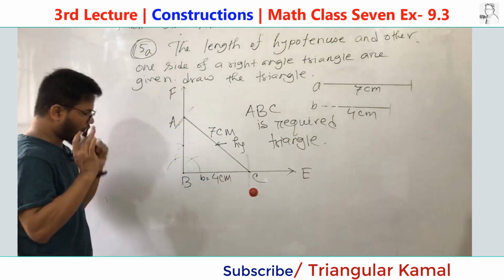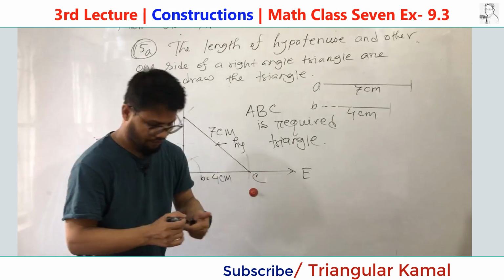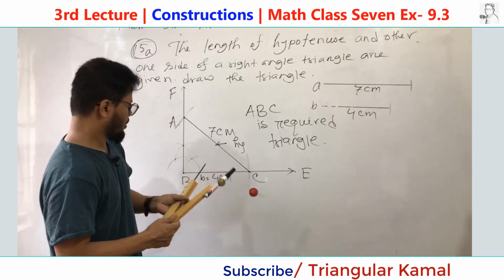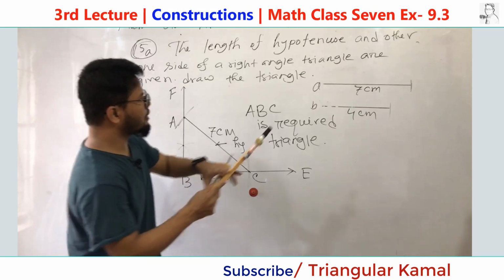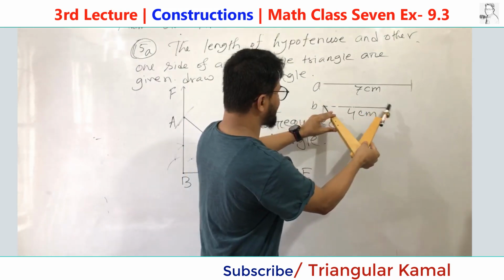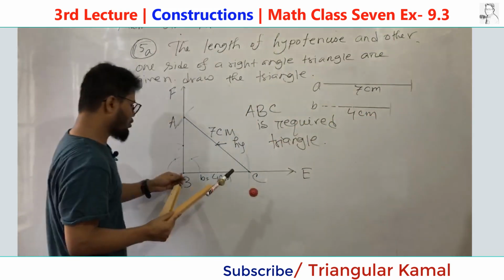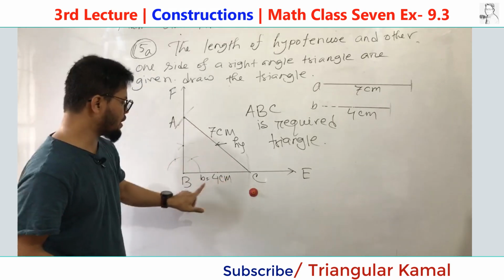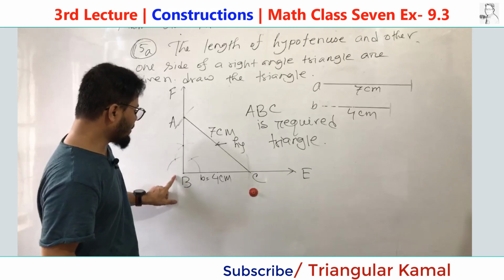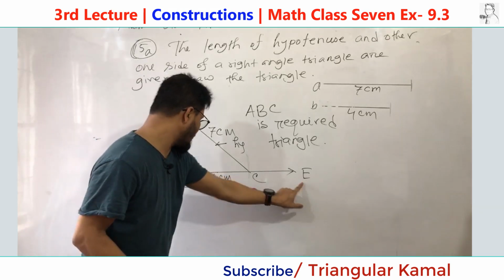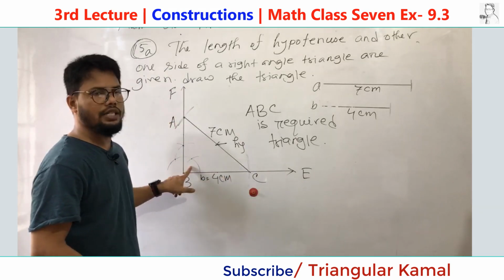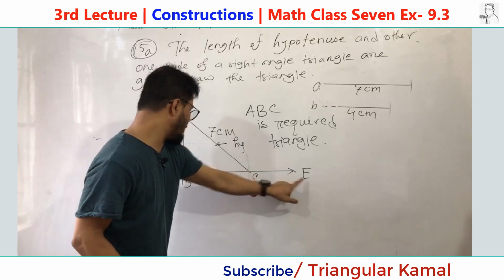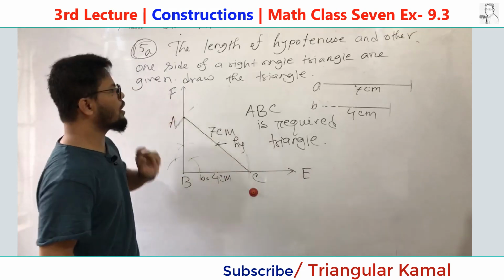So first step, BE, like here. We cut here, taking the radius as 4 centimeters, and from BE, we take a line segment BC equal 4 centimeter. And at the point B we draw a right angle, EBF equal 90 degree.